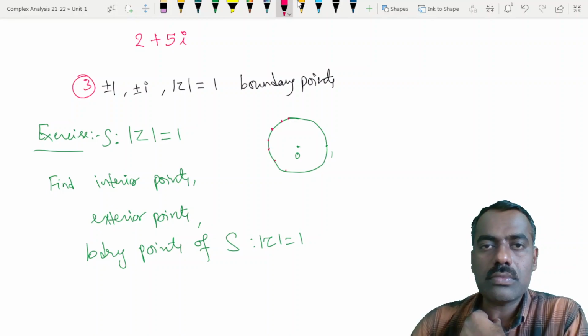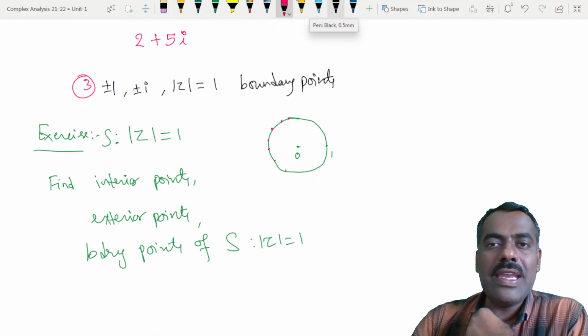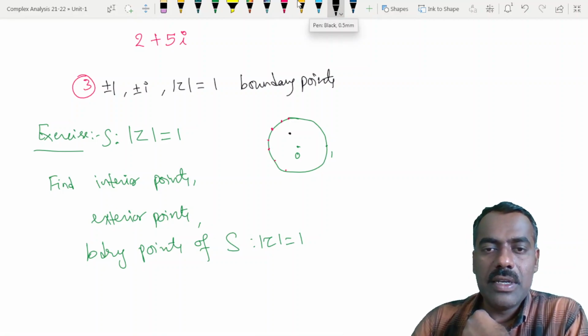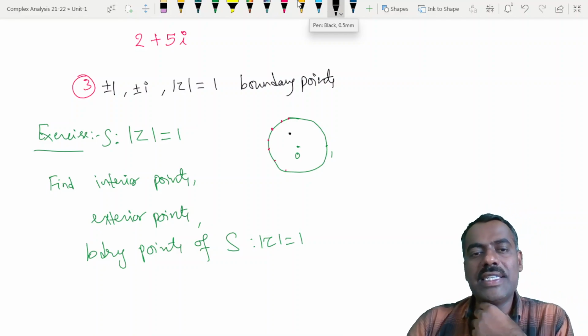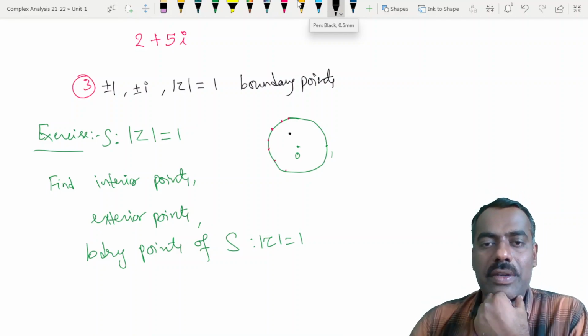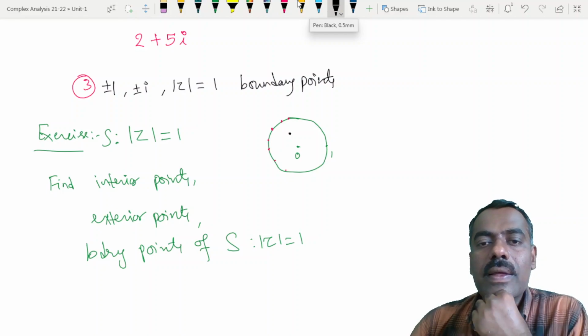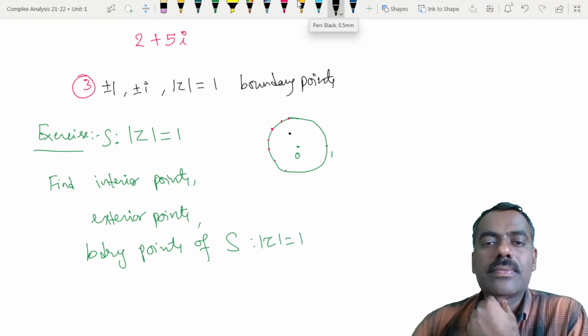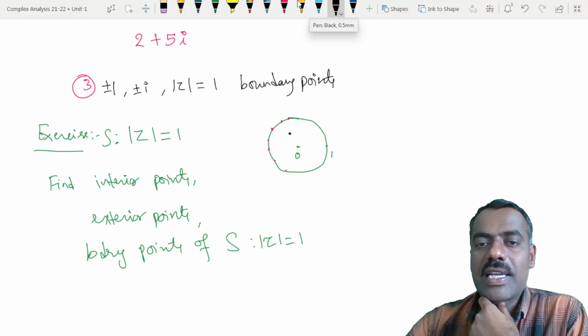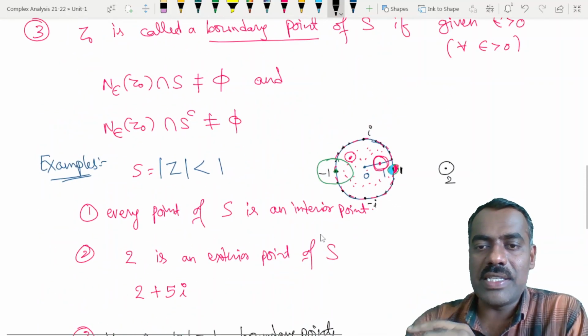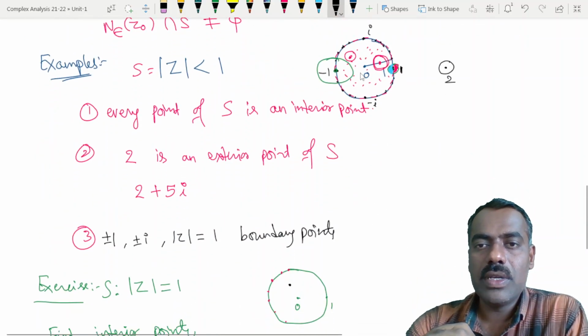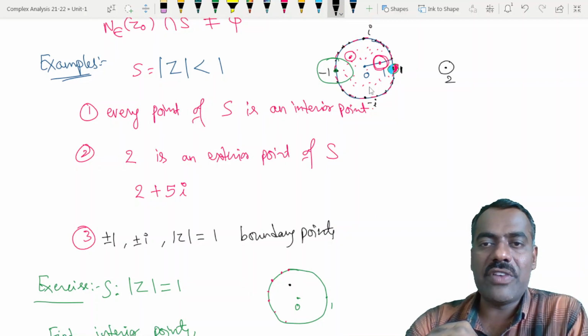Okay. Now if I take any point, something like here, what can you say about this point? Is it an interior point or is it an exterior point for this circle? See, there is a difference between this image and this one. Here mod Z is less than 1.